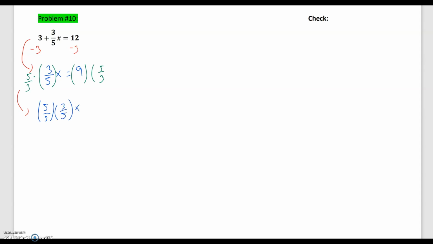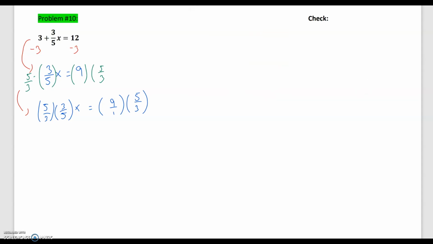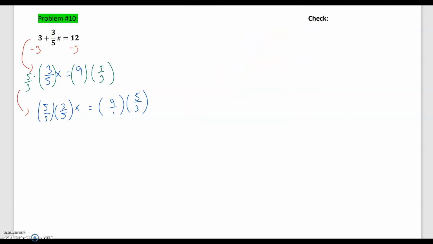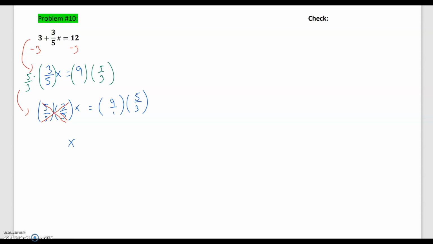And then we have the x on the left. On the right-hand side, we have 9/1 times 5/3. And then the important portion here on the left-hand side is that the 5's cancel, the 3's cancel. So we're just left with the variable, in this case, your x.